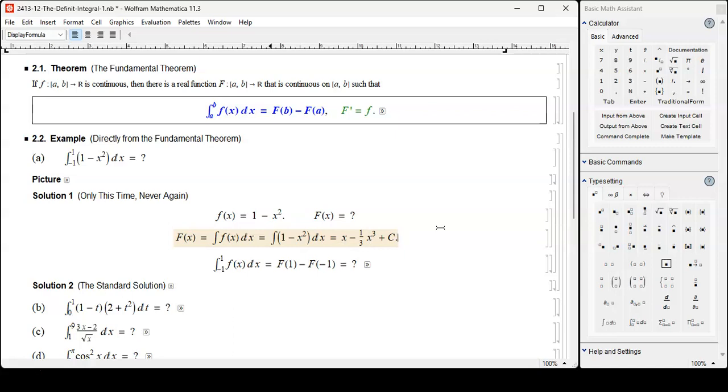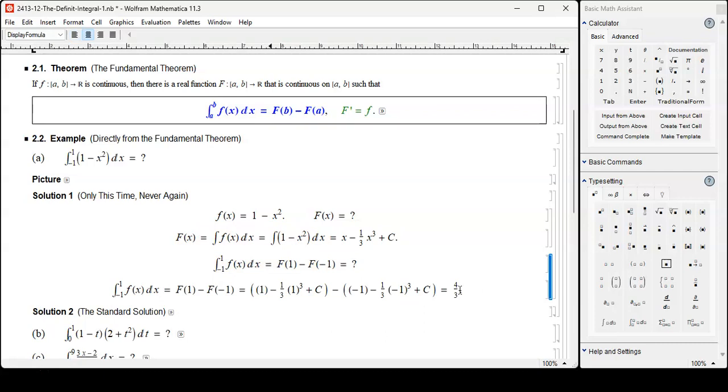Okay, alright, we got an antiderivative function, and then we're going to calculate the net change. Capital F of 1 minus capital F of -1. So, here, plug in x equals 1, plug in x equals -1 and subtract one from the other, you're going to get 4/3.